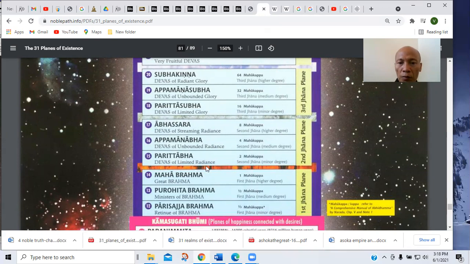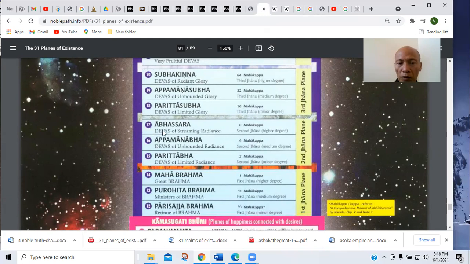The devas of limited radiance live up to 2 Maha Kappas, so 2 times 1.344 trillion years. The devas of unbound radiance live up to 4 Maha Kappas, 4 times 1.344 trillion years.